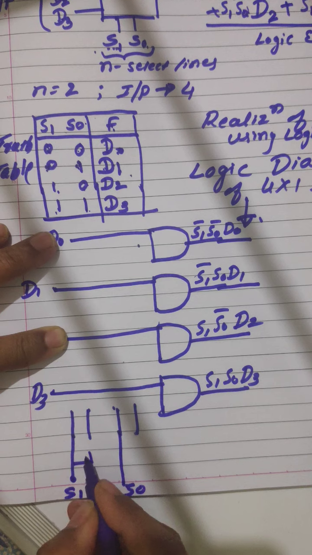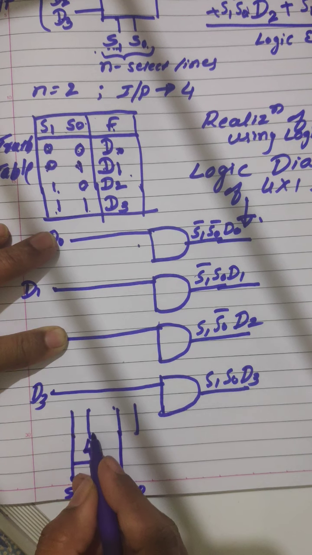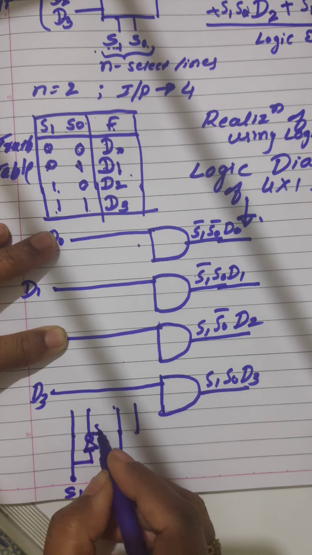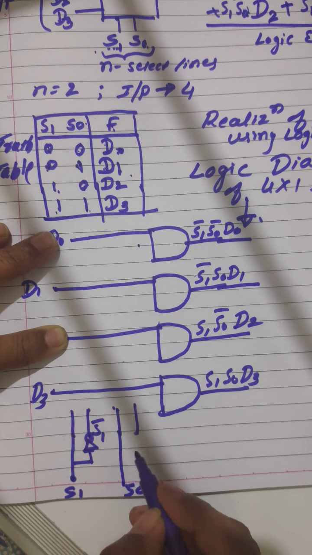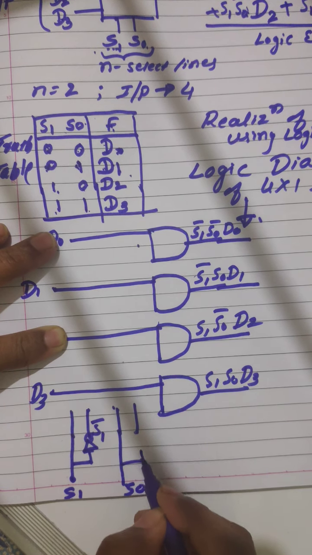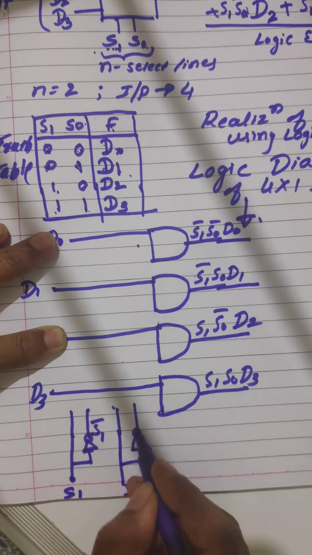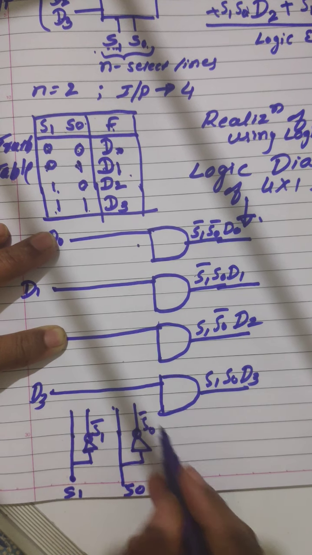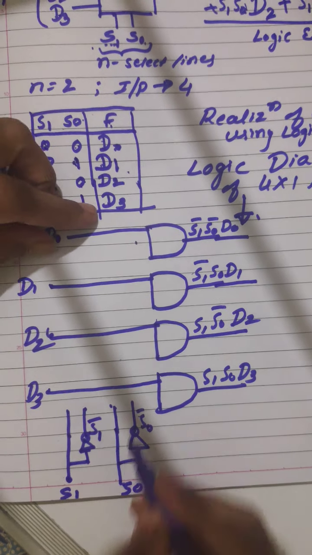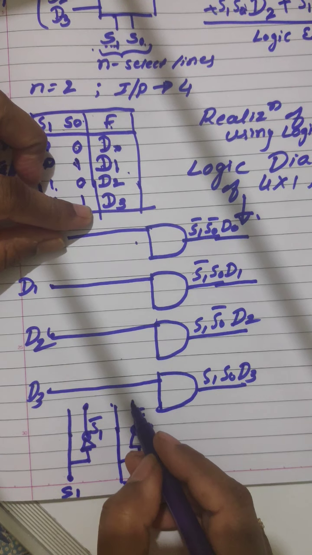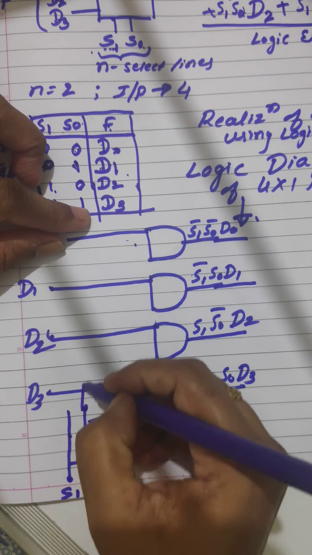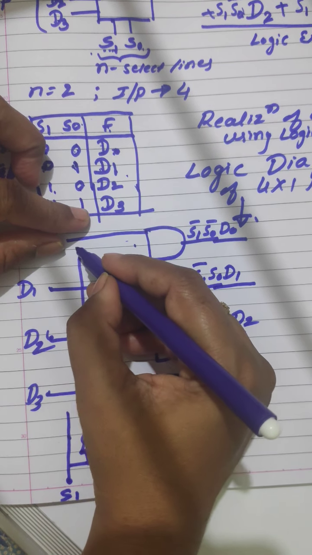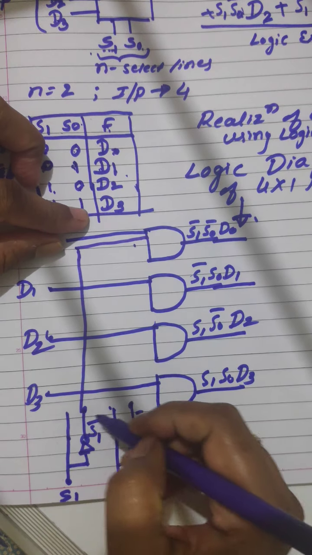From the S1 line we are going to get S1 bar by connecting a NOT gate. Similarly, here we are going to connect one more NOT gate to derive S0 bar. So both S1 bar and S0 bar lines need to be connected to this line.